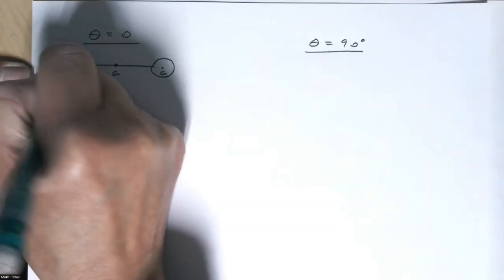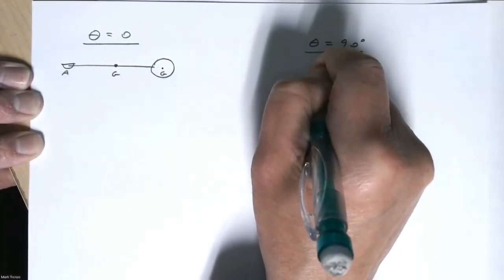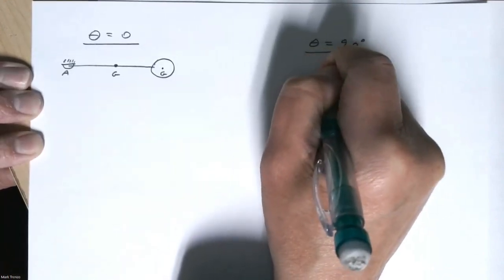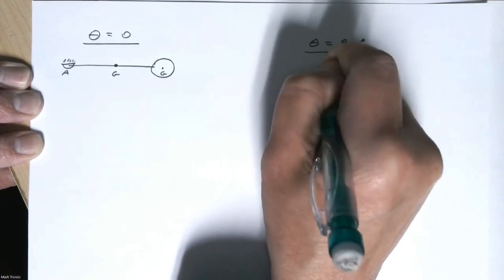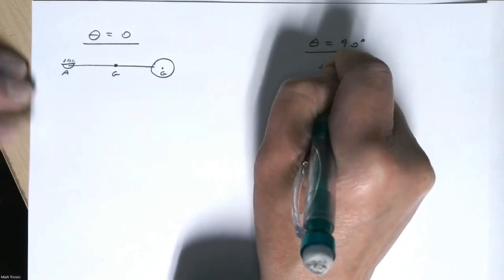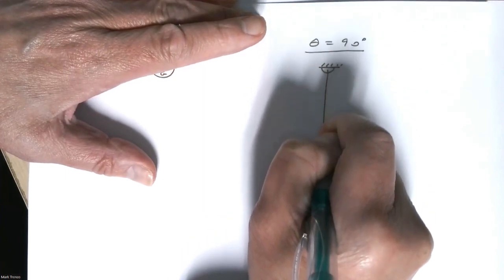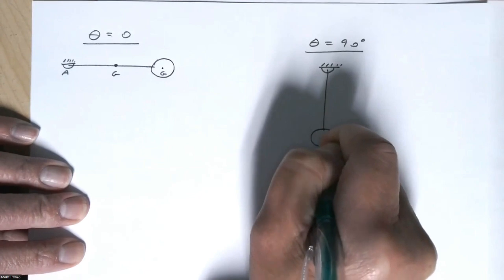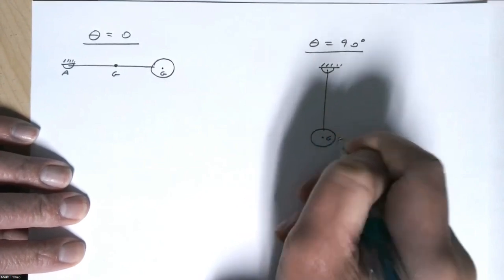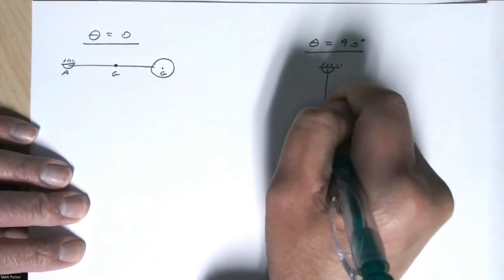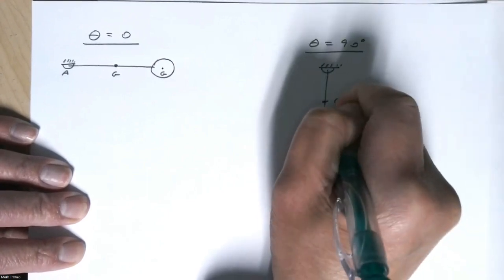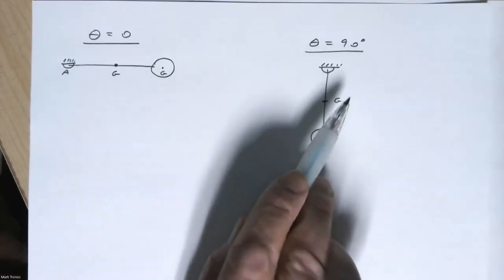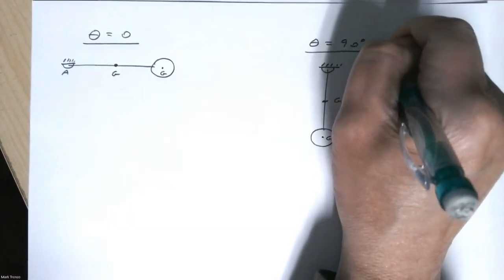Again, remember this is A. And this is the state when it's 90 degrees, remember, or pi over 2.